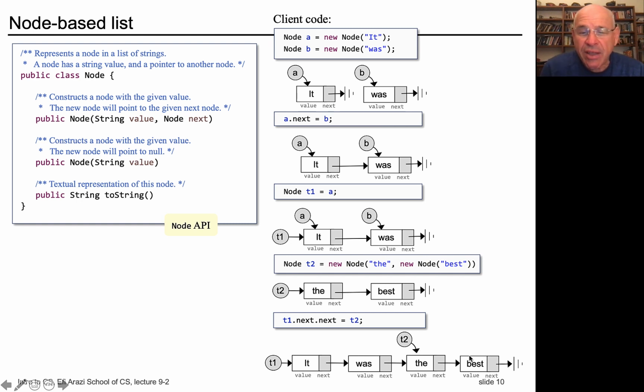Whatever is the address of T2, I'm going to set it to the next element of best. And therefore, I will get what we see at the bottom, right? I basically connected the two lists. I connected T1 with T2, and we're all set.